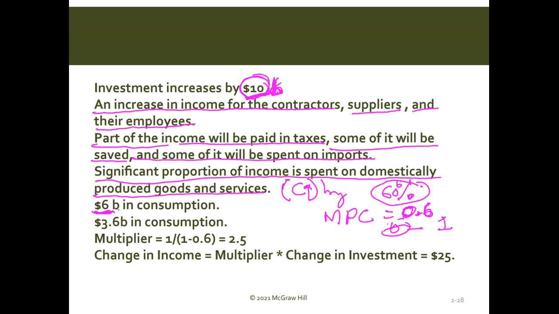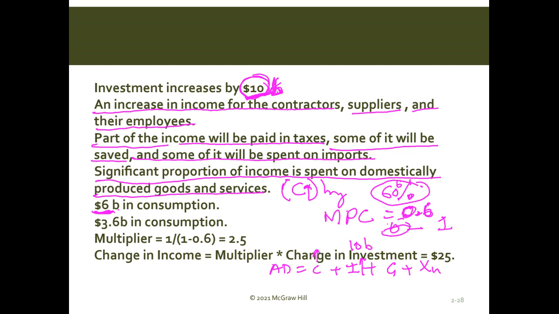This is aggregate demand, C plus I plus G plus XN. When investment increases by 10 billion dollars, consumption will also increase by $6 billion.